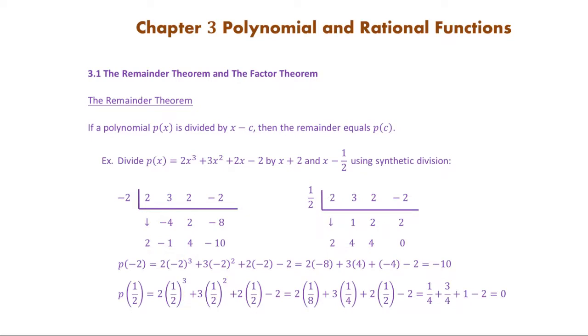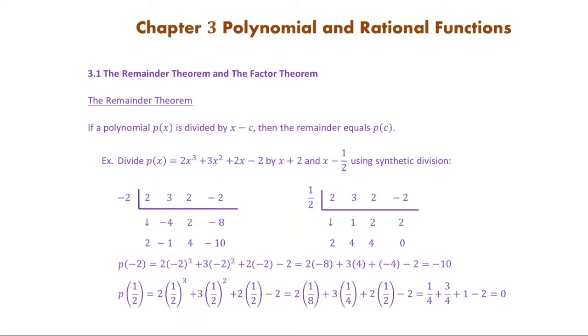Again, you want to put 1/2 instead of negative 1/2 because we are talking about division by x minus c, so c is equal to 1/2 in here. You can always use synthetic division whether this c is positive or negative, or fractional, rational numbers, or even complex numbers, irrational numbers. You can always use synthetic division.